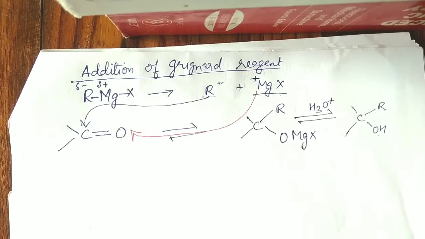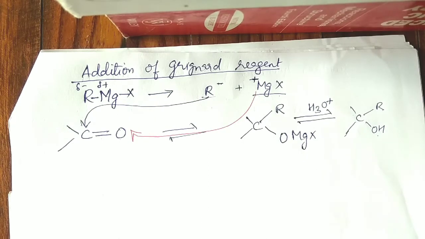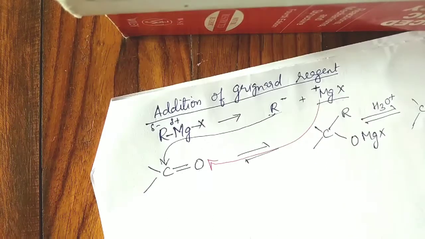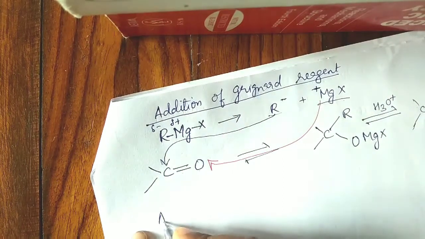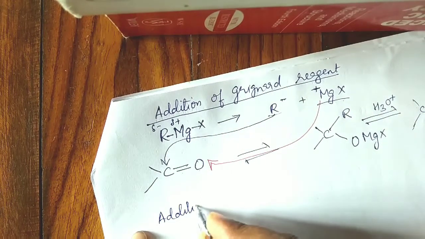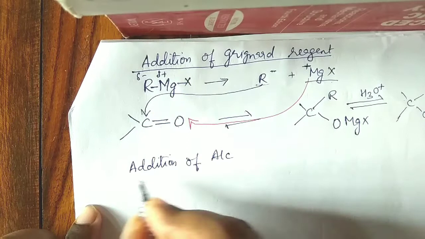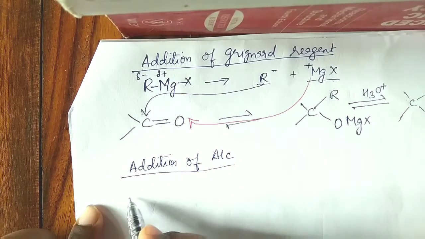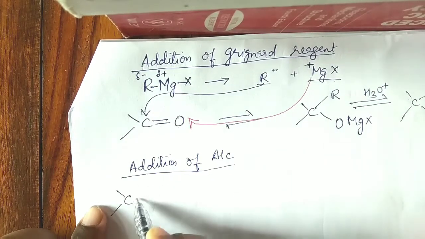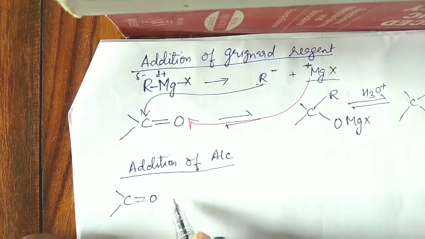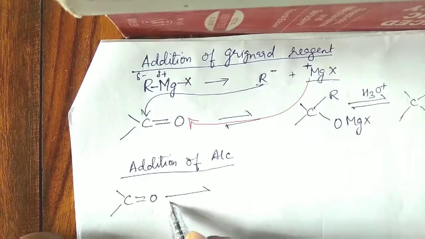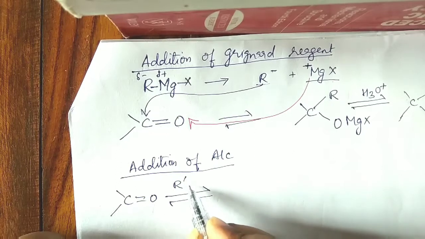Now we come to addition of alcohol. So addition of alcohol takes place in presence of dry HCl gas, R-OH.